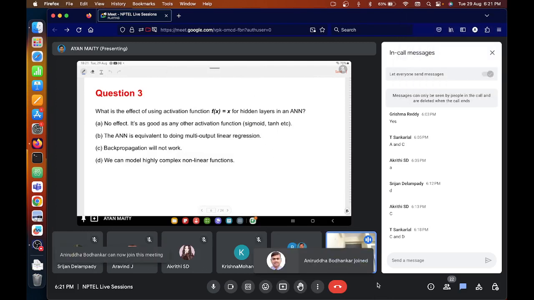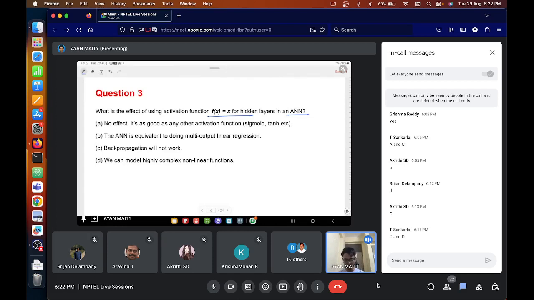So question 3 is: what is the effect of using activation function f(x) = x for hidden layers in artificial neural networks? You have seen different kinds of activation functions like sigmoid, softmax, then ReLU or rectified linear units.